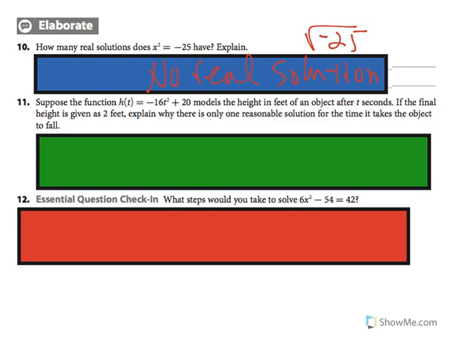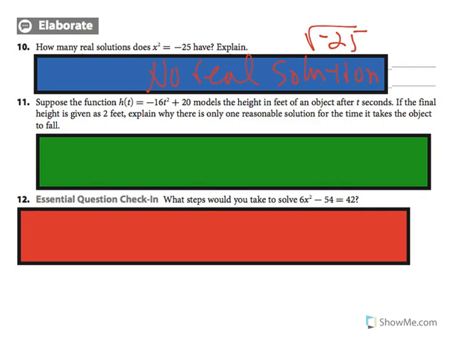Right? And for number 11, they say suppose the function h of t equal to negative 16t squared plus 20 models the height in feet of an object after t seconds. If the final height is given by 2 feet, explain why there's only one reasonable solution for the time it takes the object to fall.